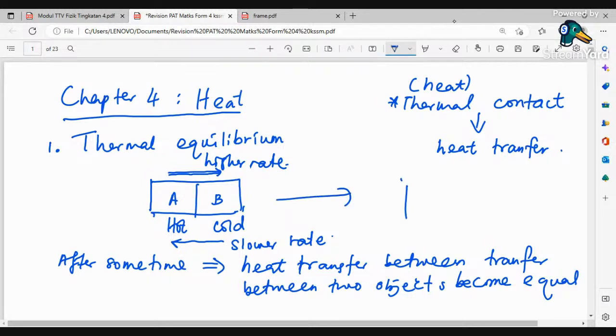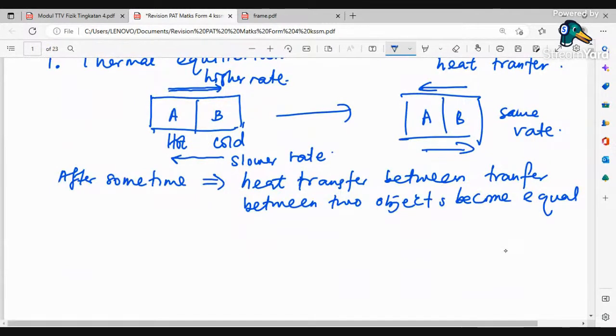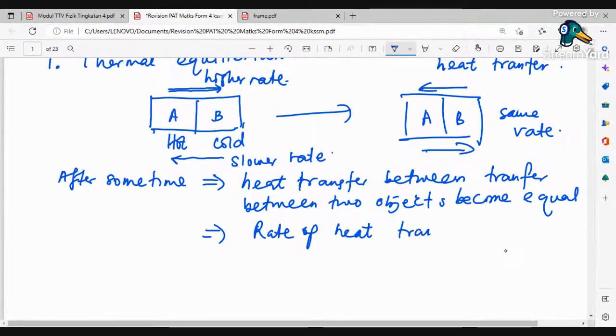Maybe after 5 minutes. Same rate. So when it is the same rate, we can say the rate of heat transfer is equal.